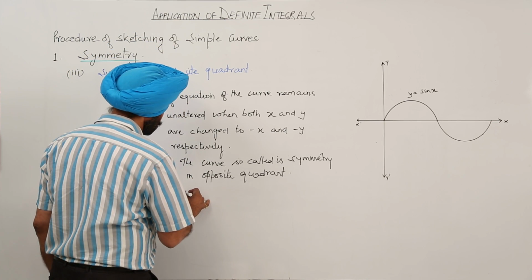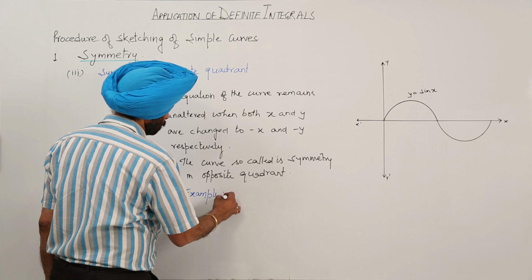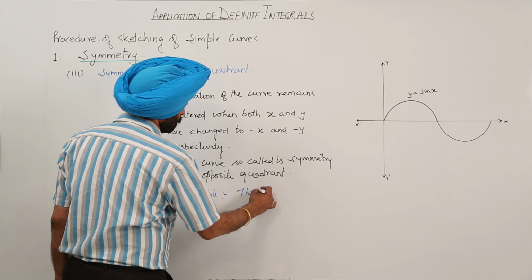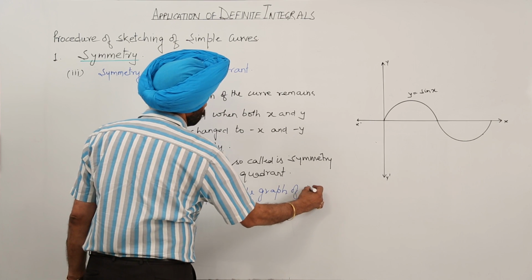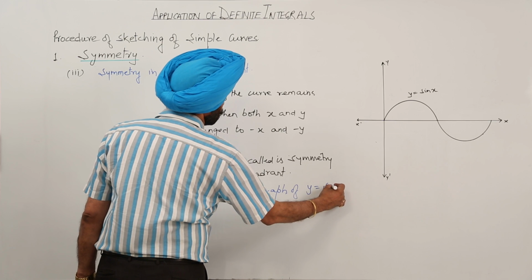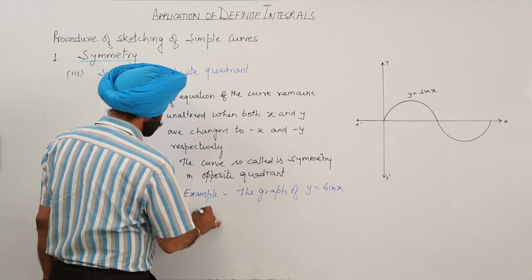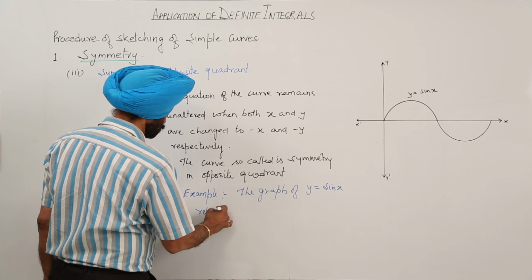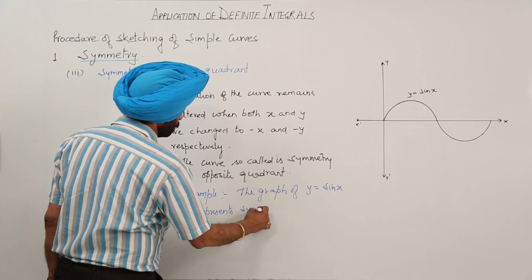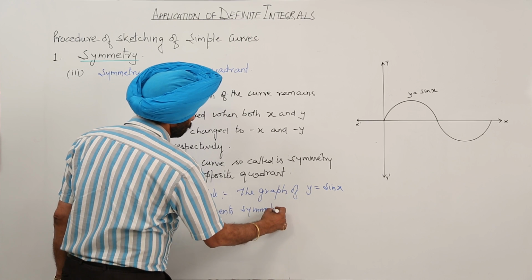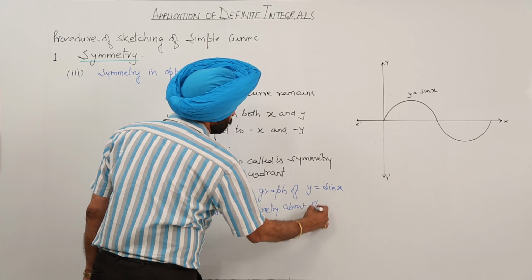Now, for example, the graph of y is equal to sin x represents symmetry about the opposite quadrant.